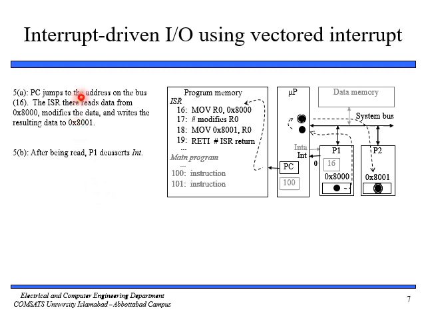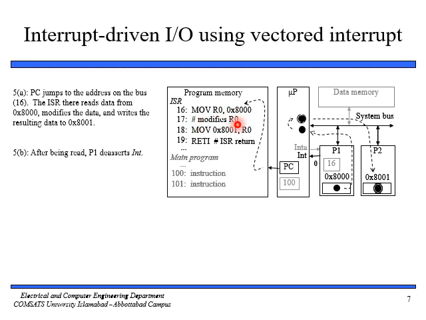So in 5A, what happens? PC jumps to the address on the bus. The program counter loads itself with 16 because this address was on the data bus. You can see here the data is moving from P1 going to the microprocessor, and then the program counter is loaded with 16. The ISR reads using the statement move R0, 0x8000.